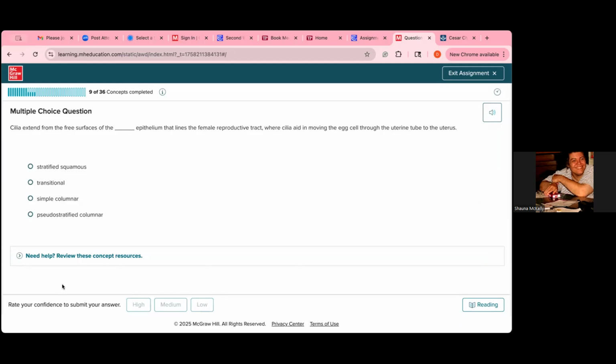Cilia extend from the free surfaces of the blank that line the female reproductive tract, where cilia aid in moving the egg cell through the uterine tube to the uterus. What kind of epithelium is that?